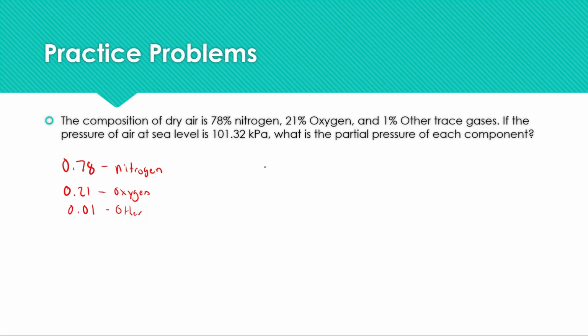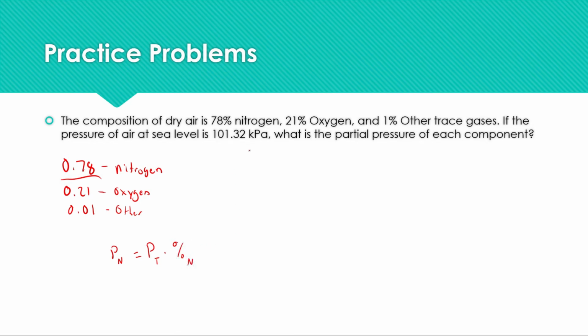And we want to determine the partial pressure of each one. So remember, the partial pressure, which I'm going to abbreviate as P sub n, is equal to the total pressure, P sub T, times its percent.